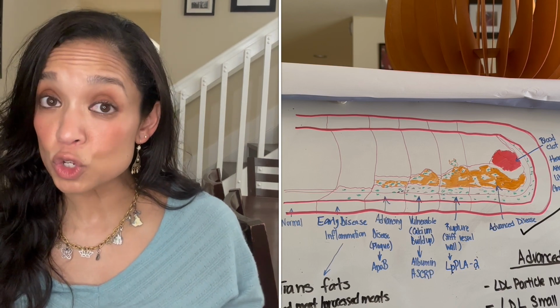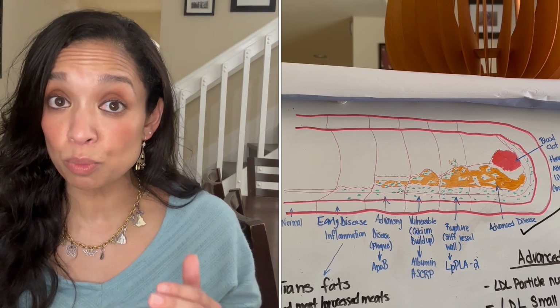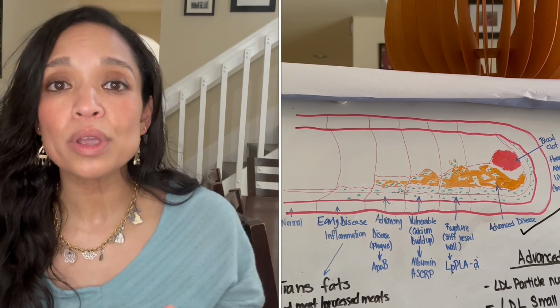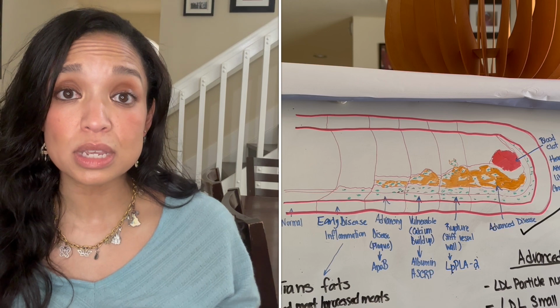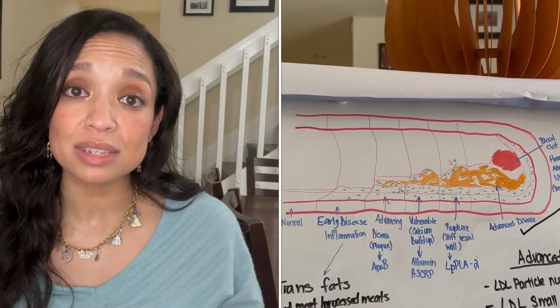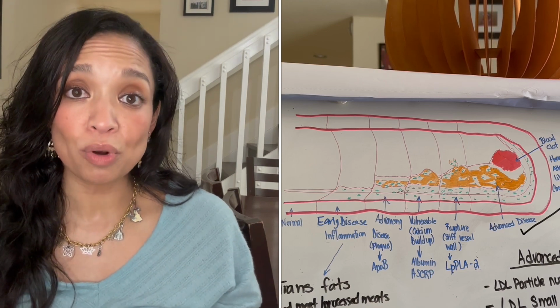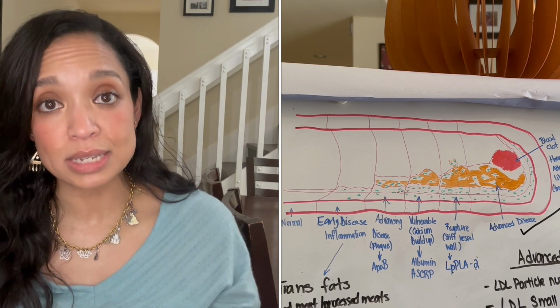This is a very concerning component to the disease process, and this is the area that we want to try to prevent. And unfortunately, we too often see a lot of people that make it to this phase of the disease process when we're talking about ASCVD.